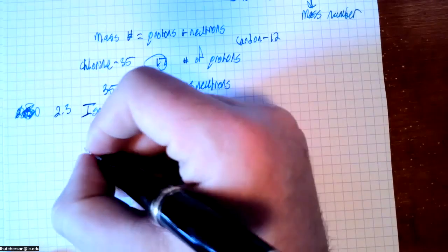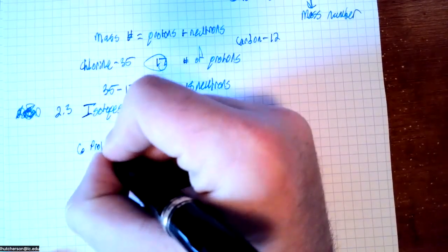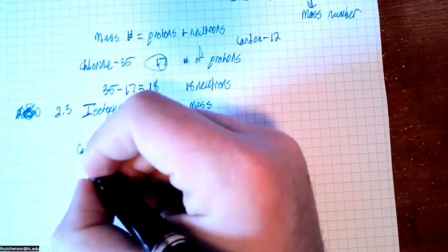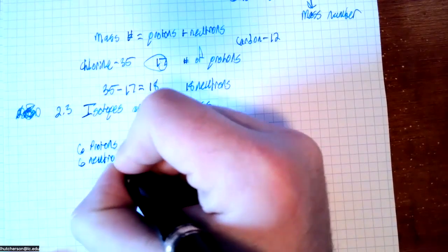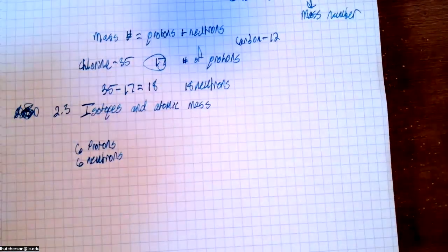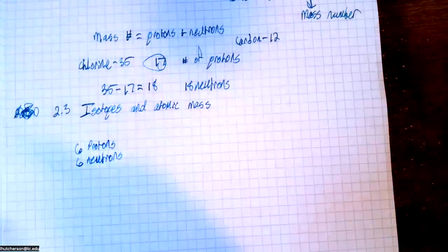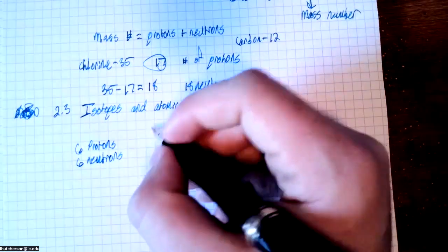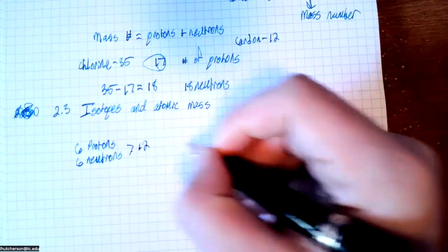Let's say that I have a carbon atom that has 6 protons and 6 neutrons. Right, 6 protons, 6 neutrons. Now, we've already established that this has a mass number of 12.